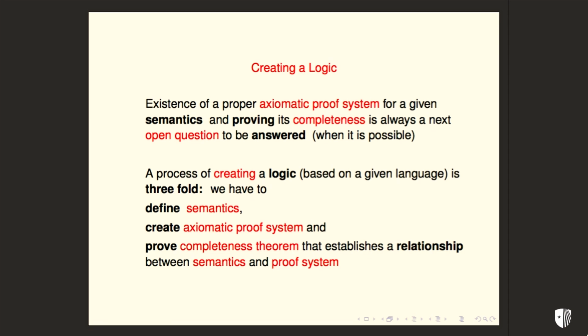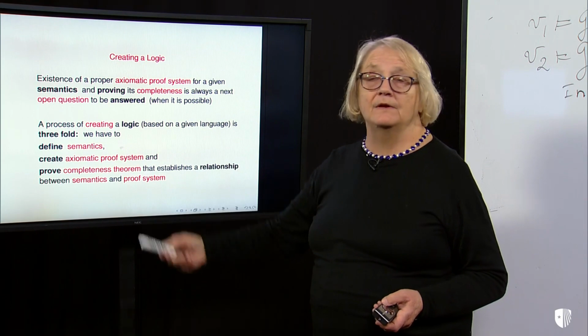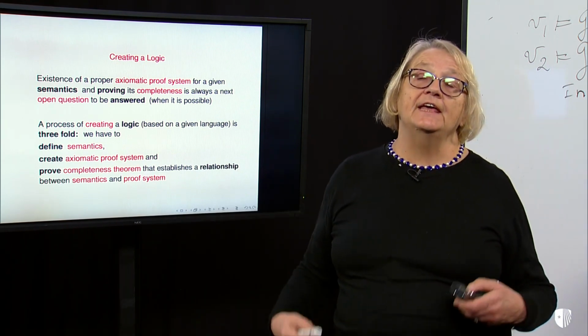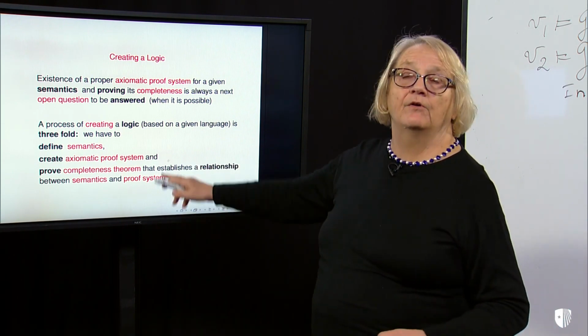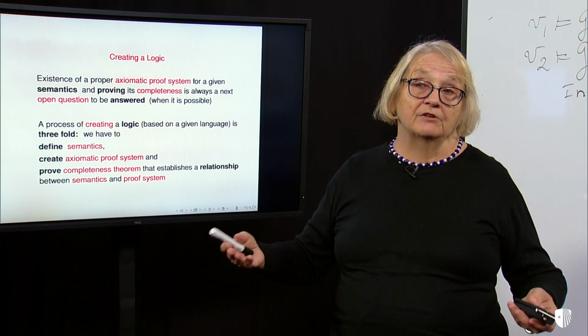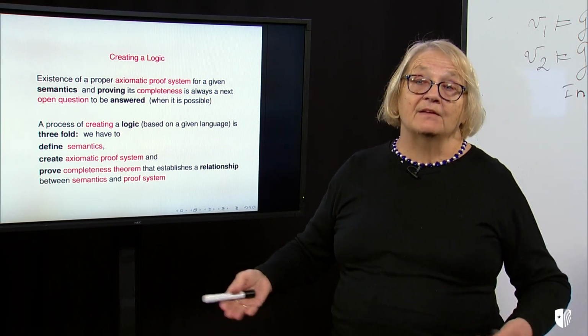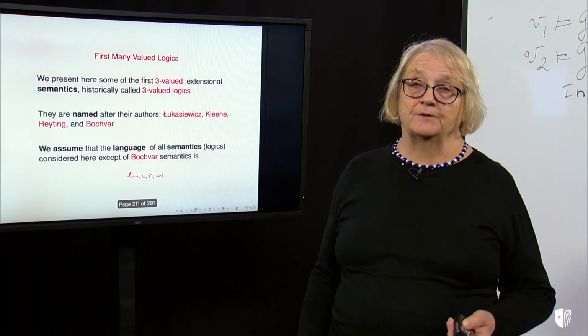You define the semantics, you can define the axiomatic proof system, and you can prove a completeness theorem. If you have both, then you have a full-fledged logic. If you have only semantics for the language, it is a logic defined semantically. If you have only the proof system, it is a logic defined syntactically. And if you prove completeness, the connection, you have the full-fledged logic.